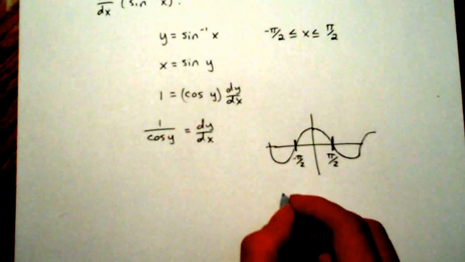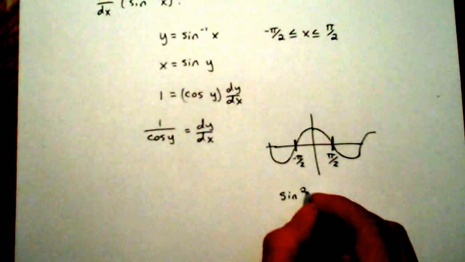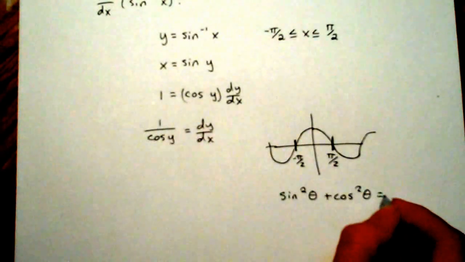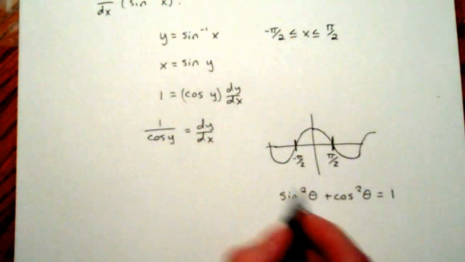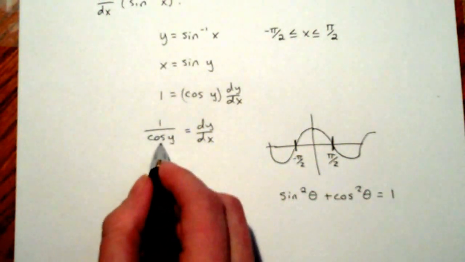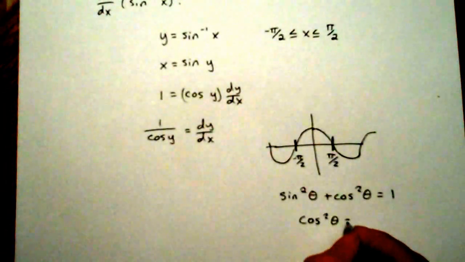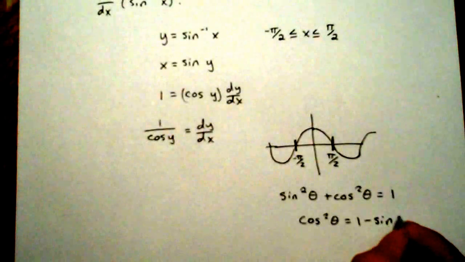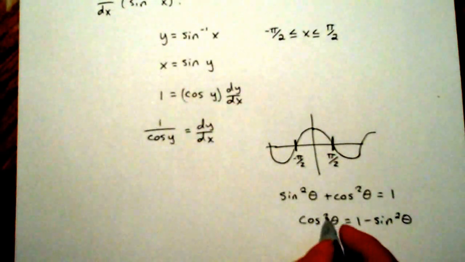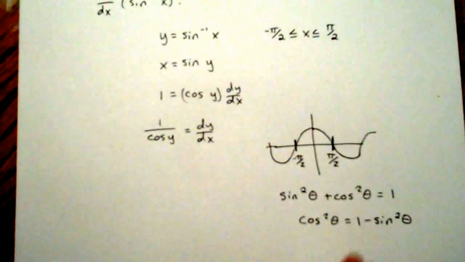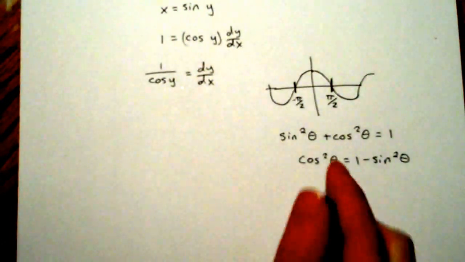Alright, so the other thing that we have to remember is that sine squared theta plus cosine squared theta equals 1. So going back to this, if I just want cosine by itself, I could take cosine squared theta equals 1 minus sine squared theta, and then I want to get rid of the squared because I want to just have a regular cosine. So let me scoot that up a little.